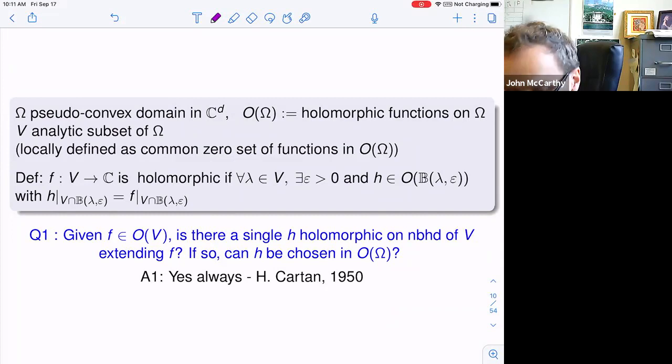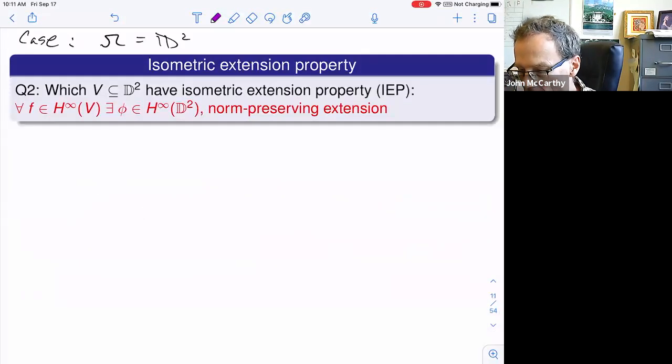But we're going to ask a slightly different question. Let's assume our original function is not just holomorphic, but bounded. Then I want to know, can I extend this to a bounded holomorphic function on the whole set? And can I do this in such a way that the norm doesn't increase?